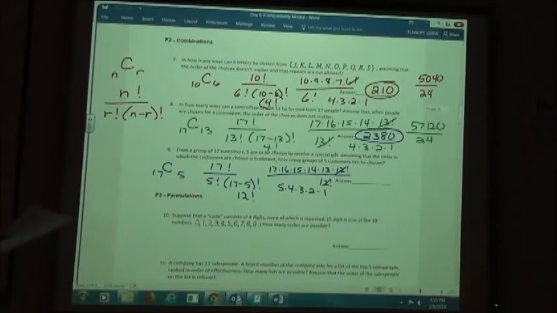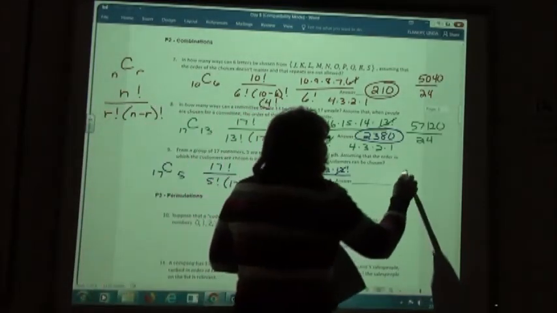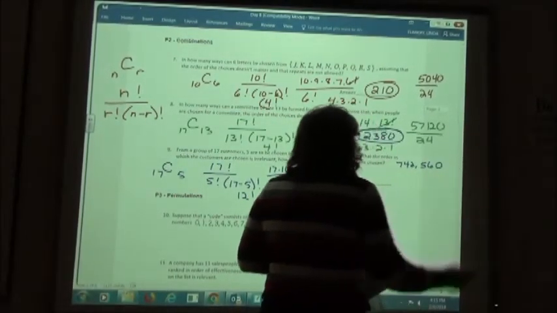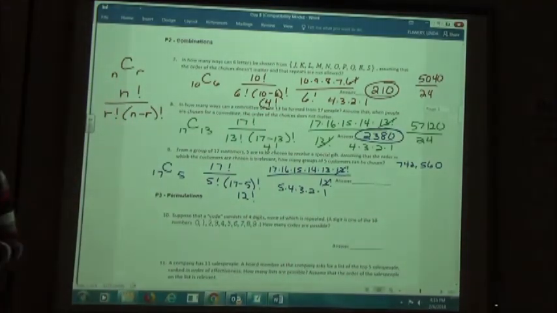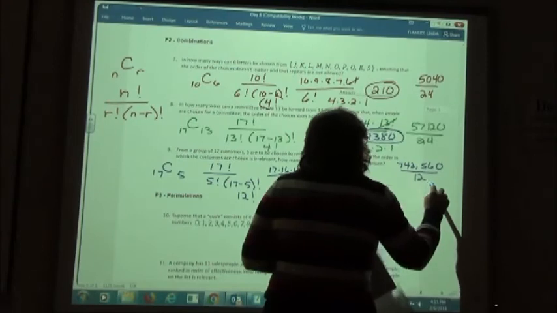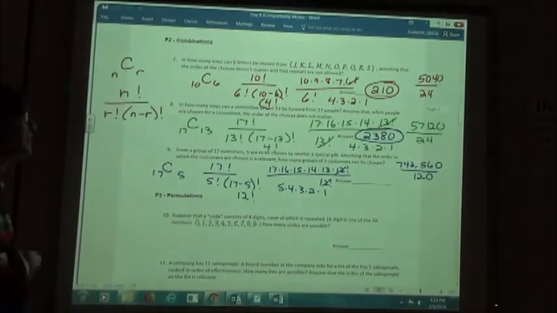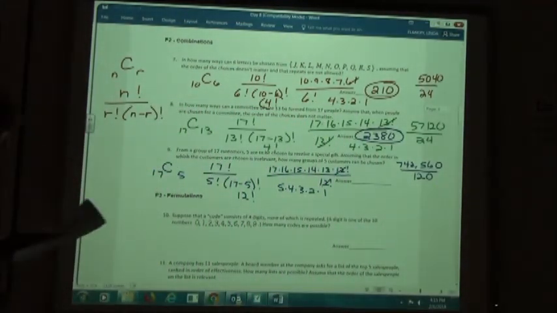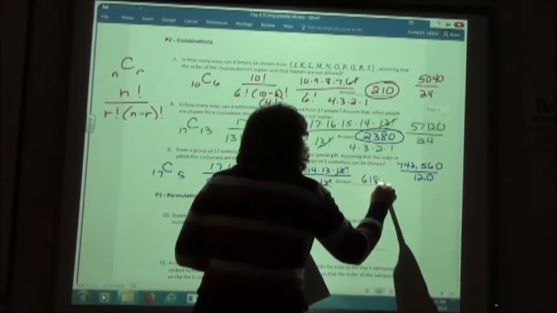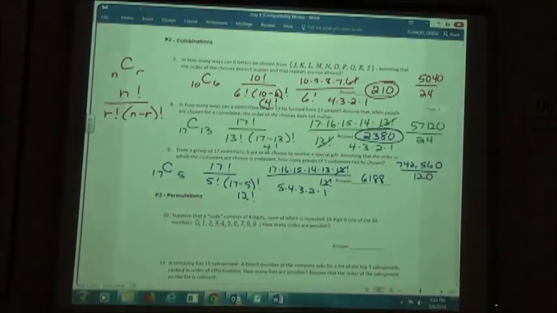On the top, I ought to have a nice big number: 742,560. On the bottom, 120. If I take 742,560 divided by 120, I get 6,188.